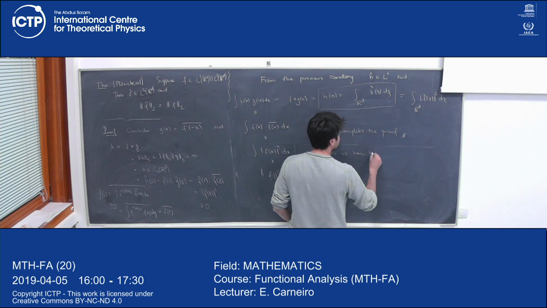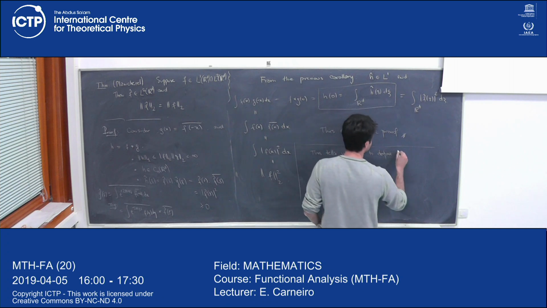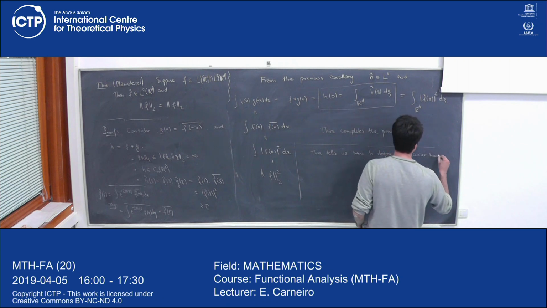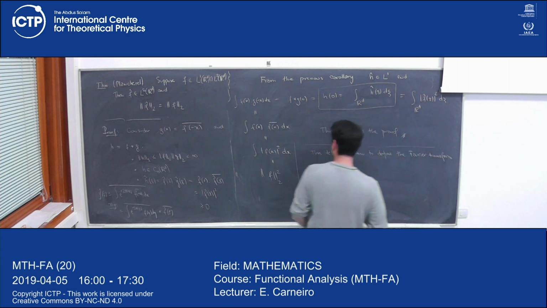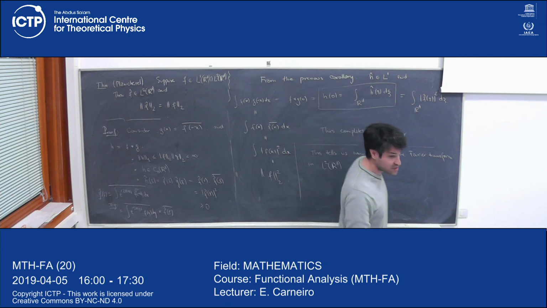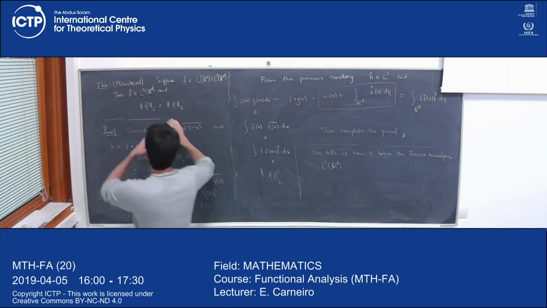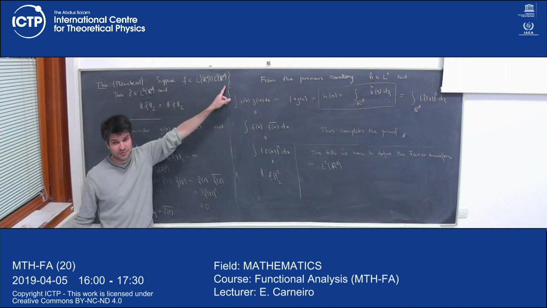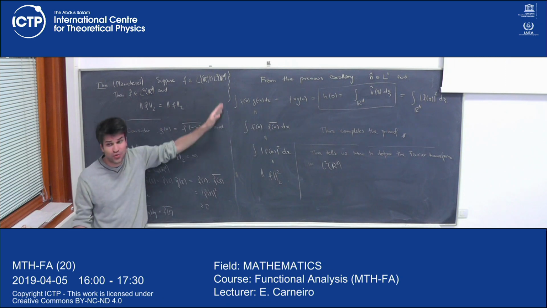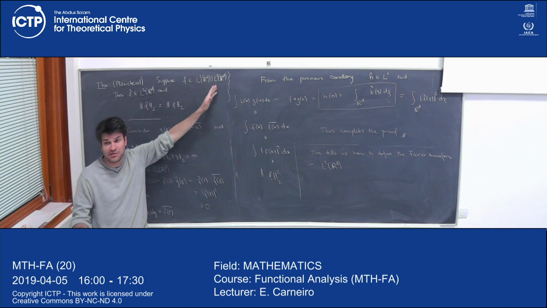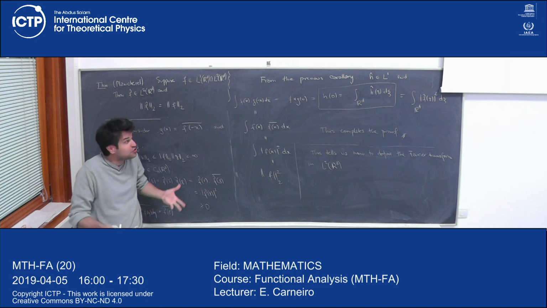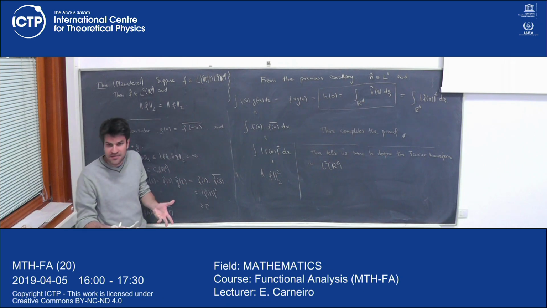Since it's an isometry on a subspace, and the subspace is dense, L1 intersection L2 is dense in L2 because all the compactly supported smooth functions are here. So you have defined this isometry on a linear subspace.